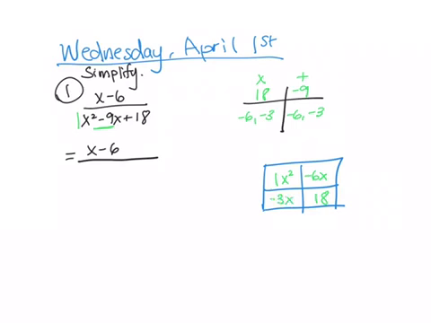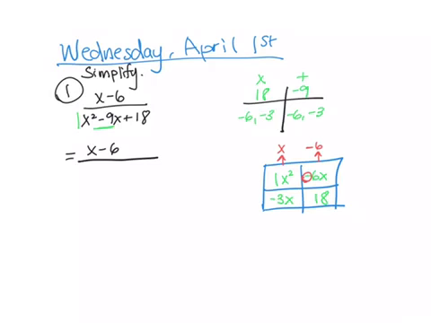Now we need to see what we can take out of each row and each column. In this first column, I have a common factor of x. Moving over, negative 6x and 18, their greatest common factor is 6, and because this is negative, this becomes negative.